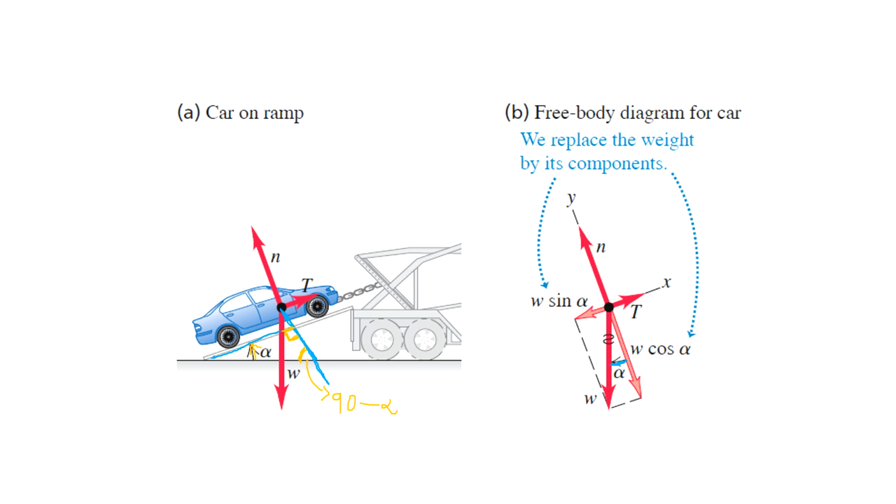Given that this is 90 minus alpha, if I choose another triangle here, this violet purple color triangle, one angle is 90 degrees, a right angle triangle, and the other angle is 90 minus alpha. Can you predict what this angle will be? This angle will be alpha.